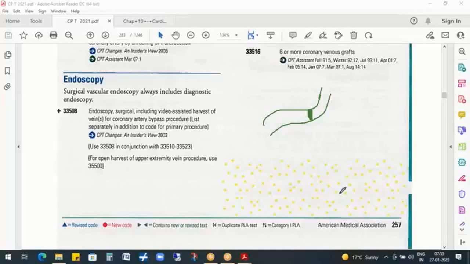Have you gone through the PTCA procedure, percutaneous transluminal coronary angioplasty? They will place a stent. That is one possibility. If that is not possible for that patient, then what will they do? From his own body, they may take a vein, an artery, or both as a graft.